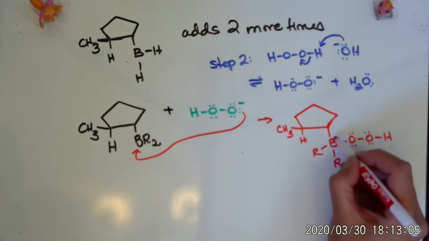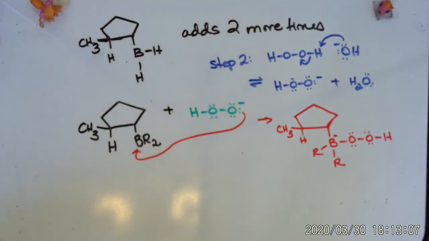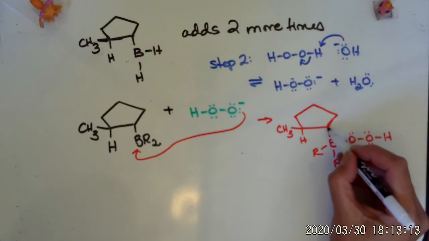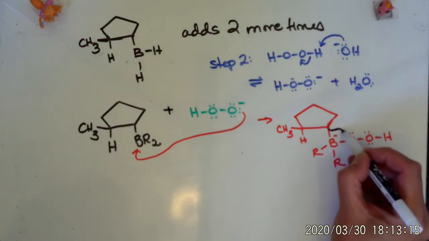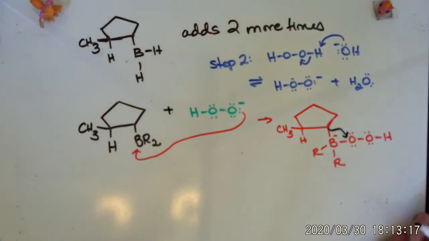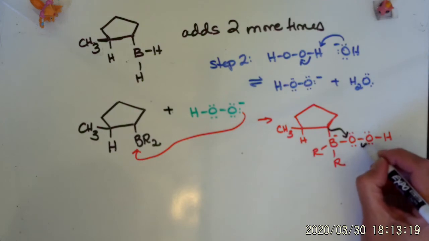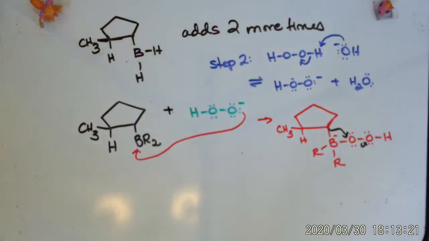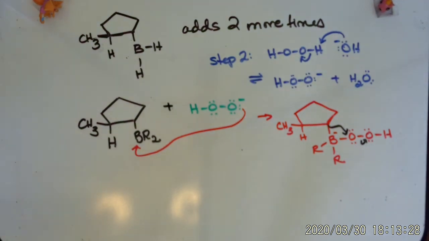So now that I have the species, what happens is I actually get a rearrangement. So this bond here migrates to that one, and I kick out a hydroxide. Okay? And when I do that, I'm going to form a borate ester. So let's draw that out for me.